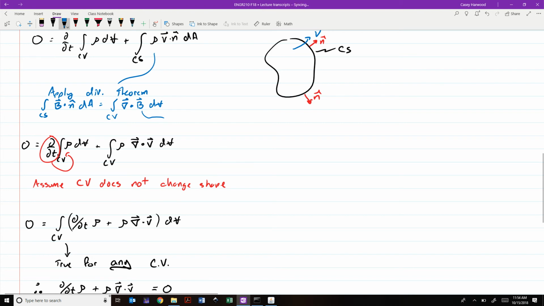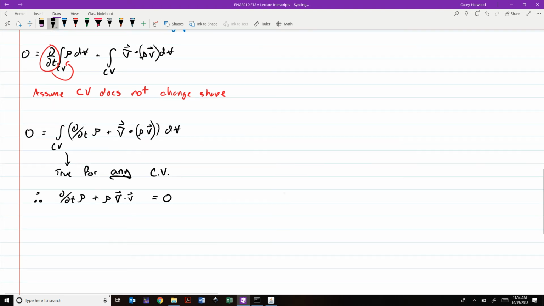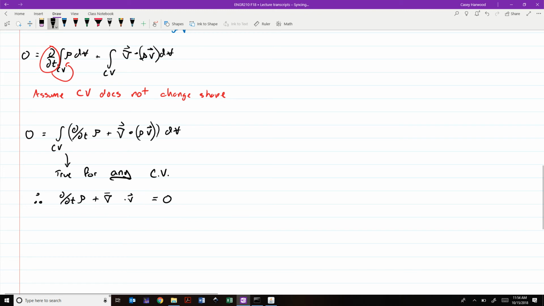B is equal to rho V. And so what needs to happen here is I need to move rho V in there, and the divergence of rho V is equal to 0. There we go.